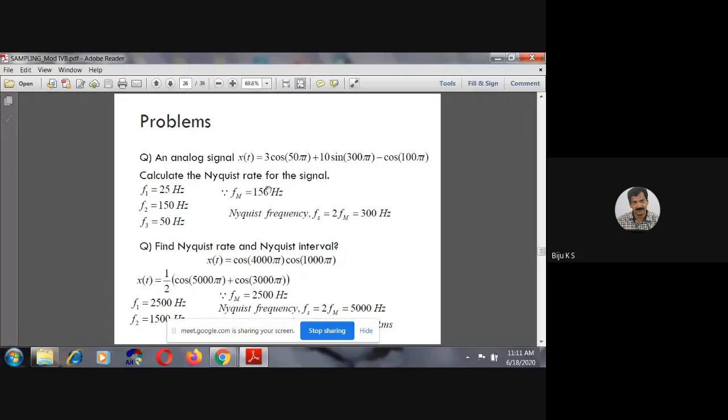Thumb rule is half of this one, and f3 is half of this, that is equal to 50. So we have three frequencies, the signal having 25, 150 and 50 hertz.